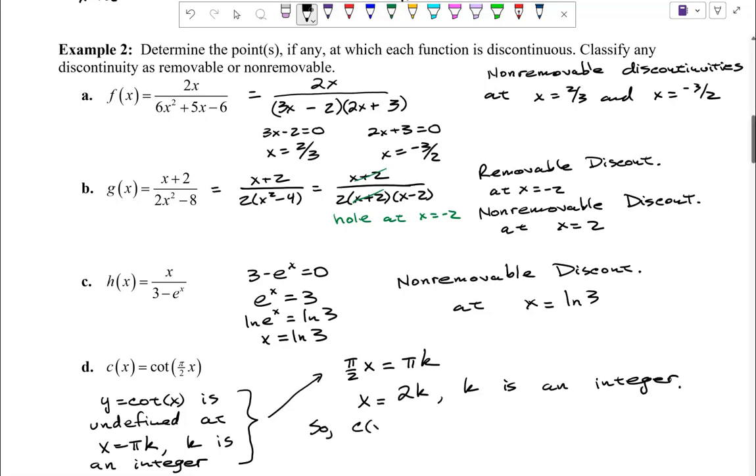So c of x has non-removable discontinuities at x equals 2k, k is an integer.